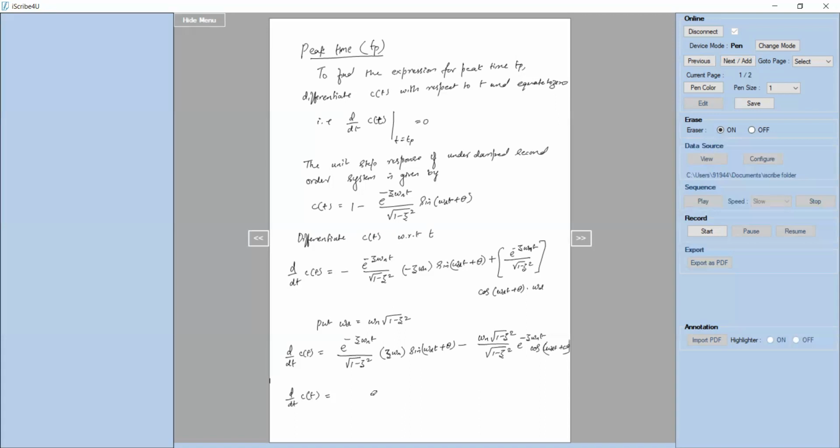Then the terms left out are zeta sine of omega d t plus theta minus square root of 1 minus zeta square into cos of omega d t plus theta. This is what I will get. Am I correct?